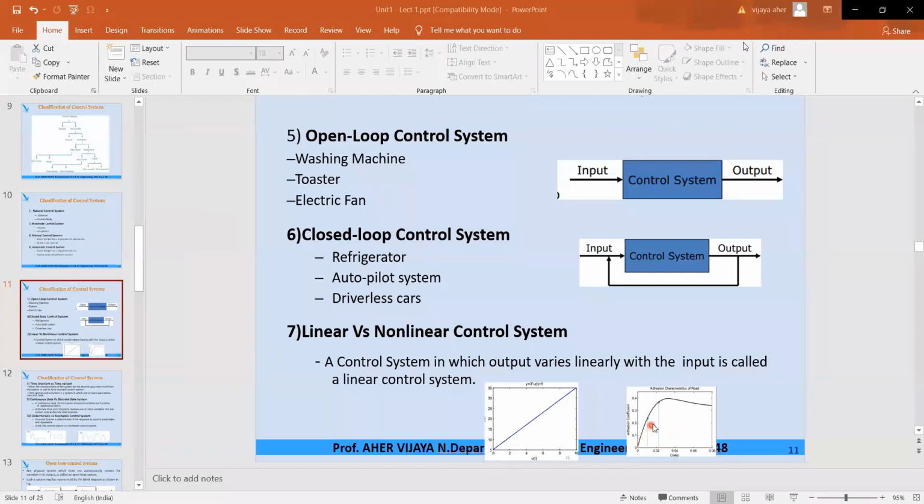Up to this point, output is linear to that of input, but after this point, output is non-linear with input. This is a non-linear control system. Okay, getting the things, linear and non-linear control system? Got the point? Yes, ma'am. Okay, beta.